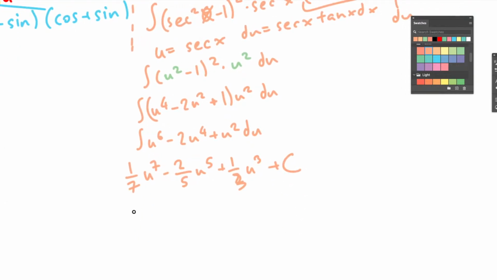Now we plug it all back in and we get secant to the 7x over 7 minus 2 secant to the 5x over 5 plus secant cubed x over 3 plus c. I shall go now. Goodbye. Okay, bye.